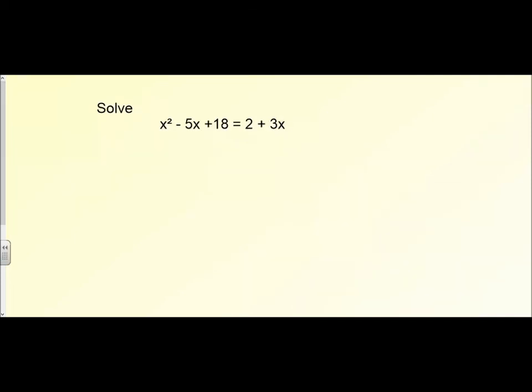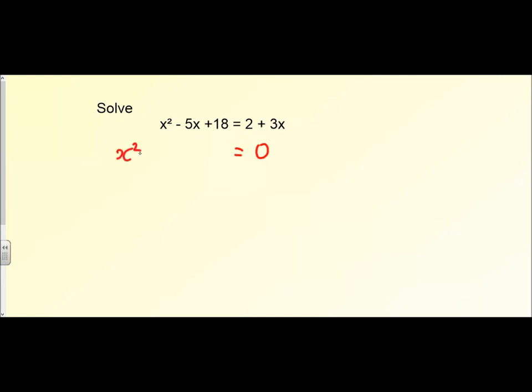Right, let's have a look at another one. So believe it or not, this is a quadratic equation that we can solve, but what we want to do is have all of the equation to be equal to 0, which involves a little bit of rearranging. I'm going to have to get rid of what we've got on the right hand side, which involves subtracting 2 from both sides of the equation and subtracting 3x from both sides of the equation.